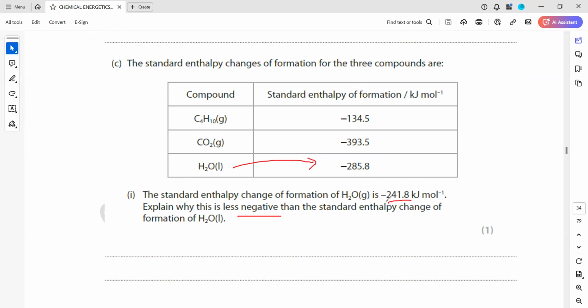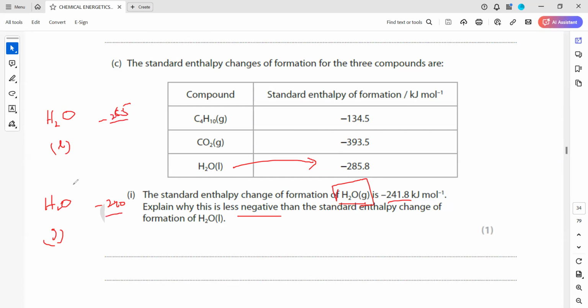But when we calculate the enthalpy change of formation of water in a gaseous state, it is less. So what might happen? Look, if we produce water in a liquid state and water in a gaseous state, this energy was less negative. This energy was more negative, more exothermic.